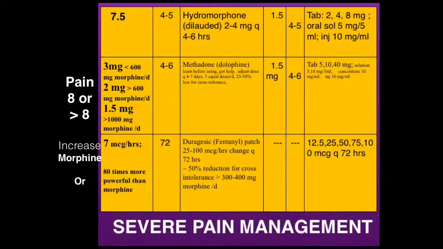For Duragesic, you need to be careful also, and change the Duragesic patch every 72 hours or so, and 50% reduction for cross tolerance if the person is taking more than 300 or 400 milligram of morphine per day. And 7 microgram per hour is equivalent to 30 milligram of morphine.